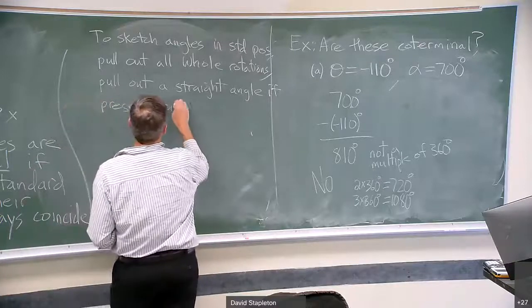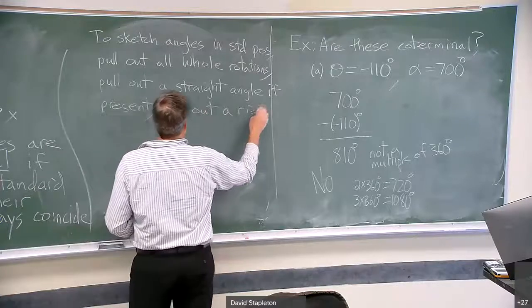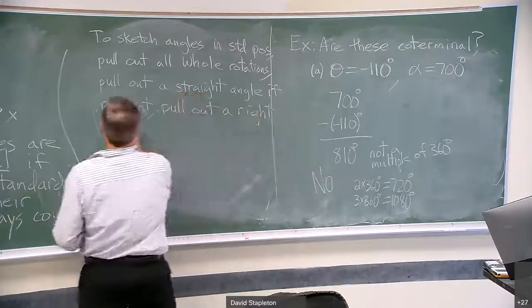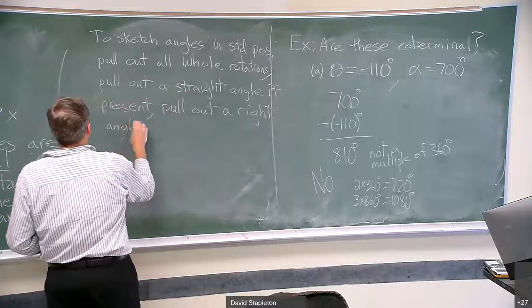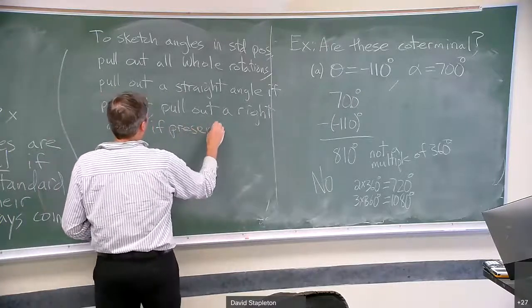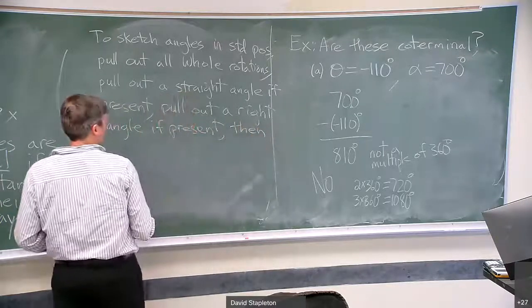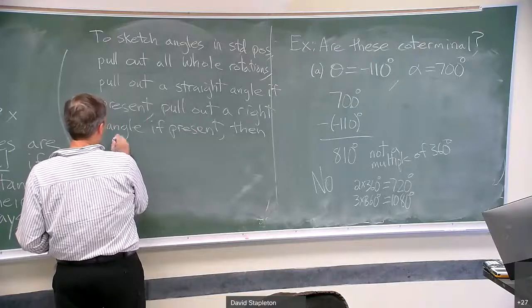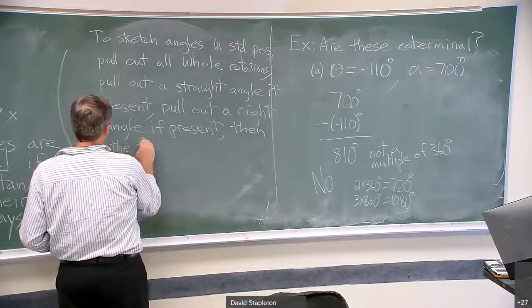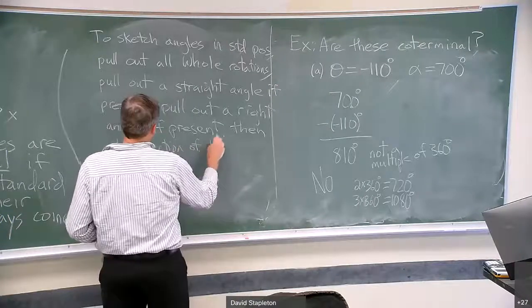Then pull out a right angle if there's one still. Then finally, the fraction of the right angle that remains.